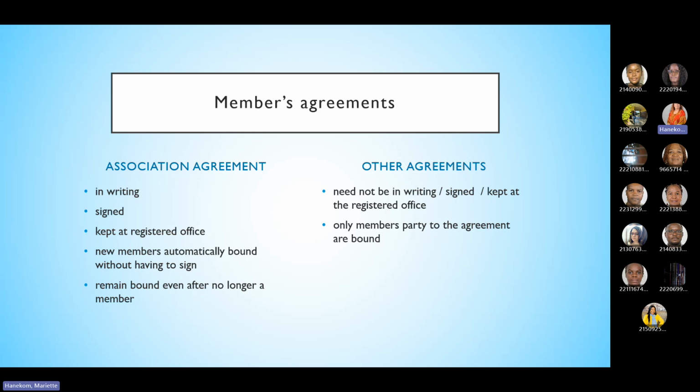Let's say Alicia, Elena, and Rodrigue are the three members of our close corporation. And their association agreement states that Alicia is the managing member and she is the only member who may represent the close corporation in contracts.